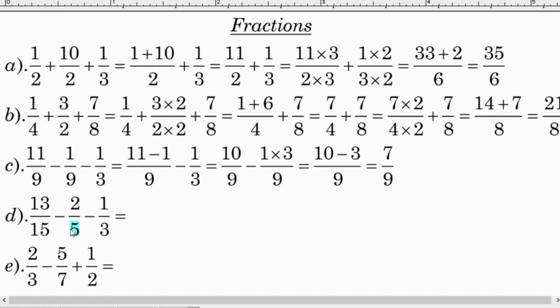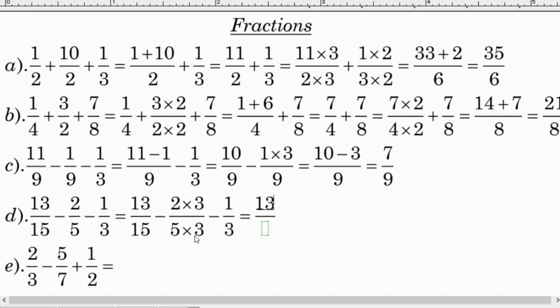So here we have this fraction, and then I just multiply by 3. So then we also have to multiply 2 with the 3 here. Okay, then here we have 13, right?